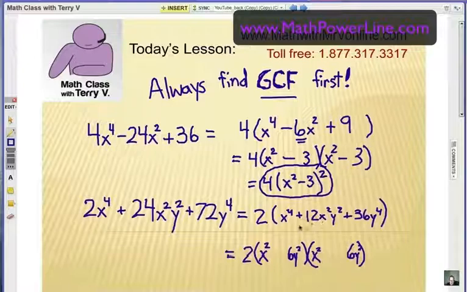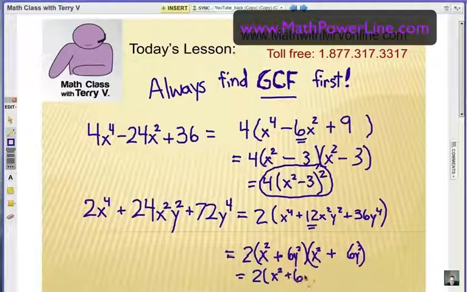The middle term is positive, so let's put that sign in both places. And if I take these two products, x squared times 6y squared, multiply them together, that would be 6x squared y squared. Double it, 12. Perfect. Let's just simplify our answer. So it's 2 times that binomial squared.